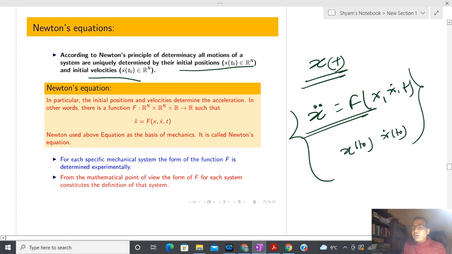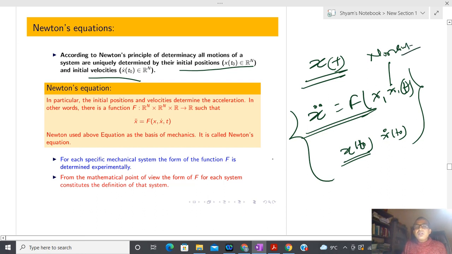He knew that if I have measurements of x(t0) and x dot(t0), then I can do a lot of things. And is this equation autonomous or non-autonomous? Could you please guess quickly? Non-autonomous, because time is here, so this is non-autonomous.